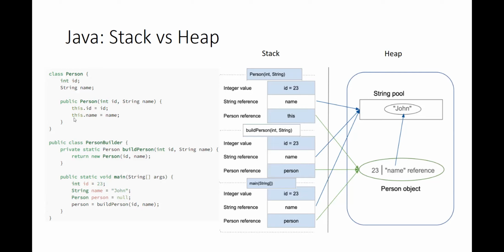Now once we go out of the scope of this person constructor, the compiler will destroy this memory, which means it will destroy this ID and this name, but not this object itself. Because once we come over here, this placeholder of this build person will now point to the object in heap.